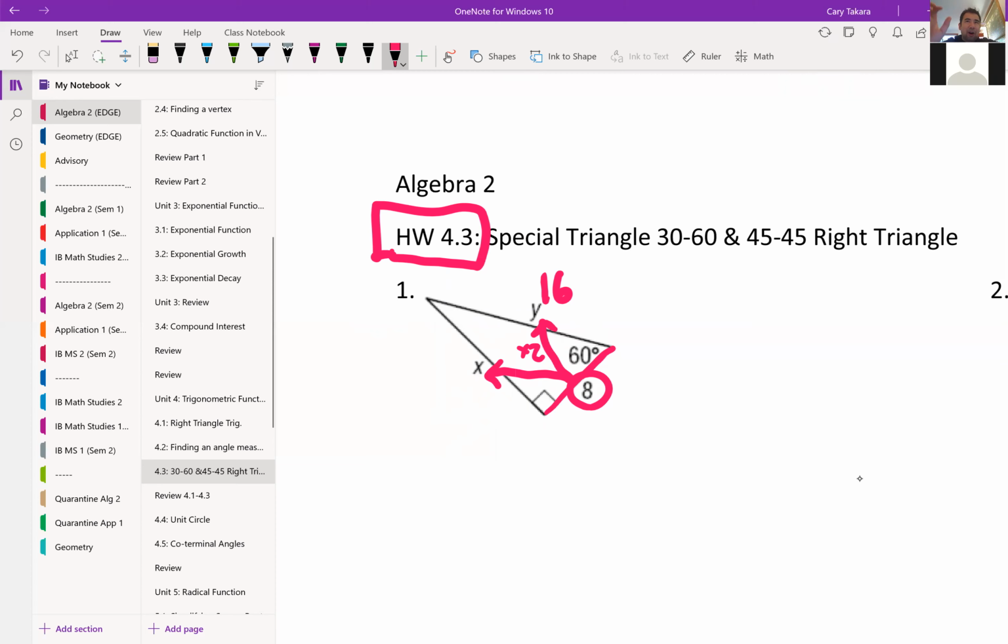If you're going from long to short, then you have to divide by something. Does that make sense? So in this case, you have to multiply. And what do you have to multiply by? You're going to multiply by square root of 3. So it will be 8 square root of 3. Are you getting this?